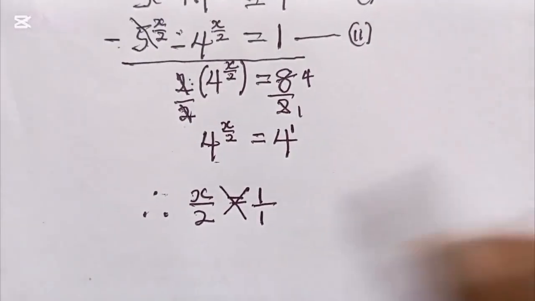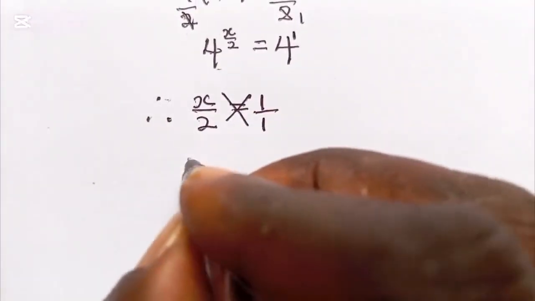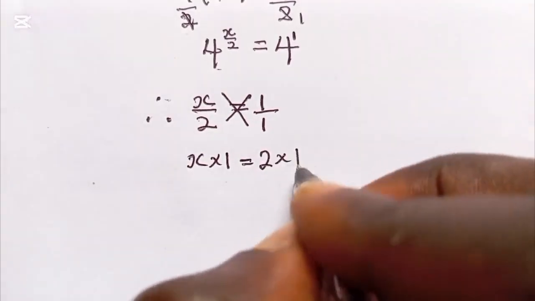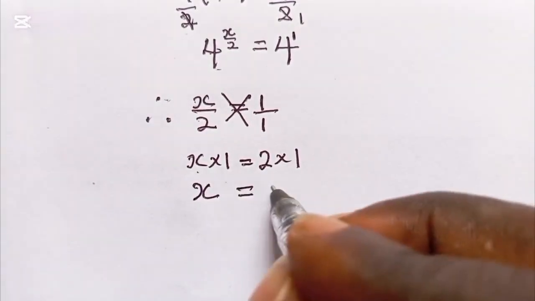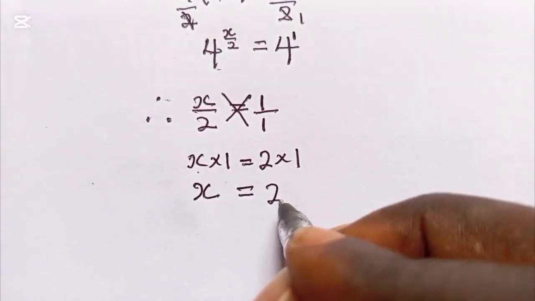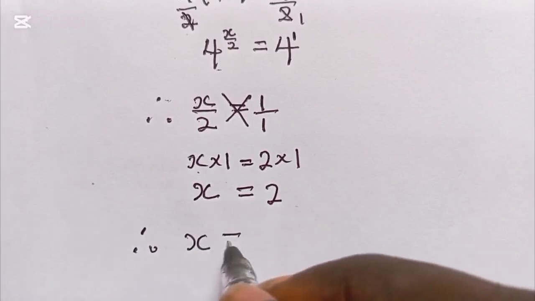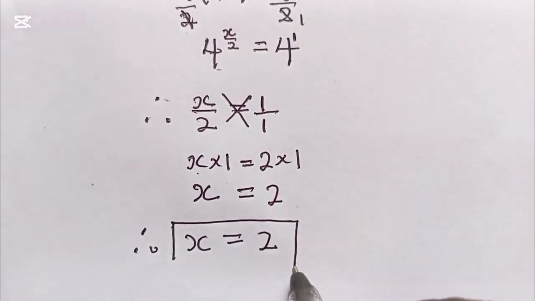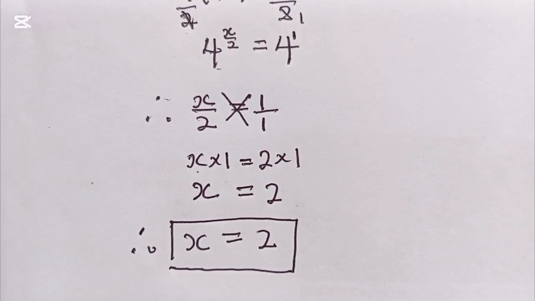So if you cross multiply, we are going to have x times 1 equals 2 times 1. x times 1 gives us x, which is equal to 2. So therefore, our x is equal to 2. That is the final answer.